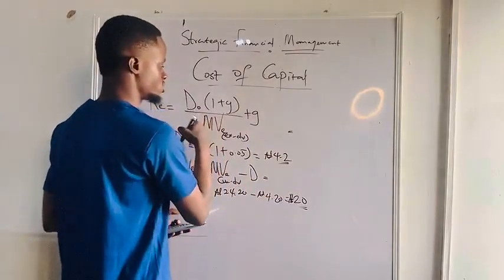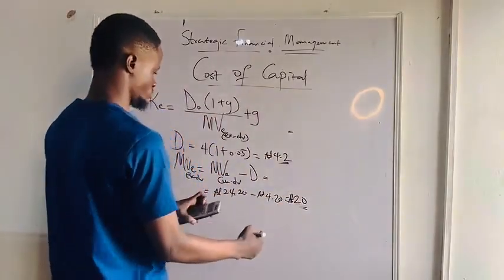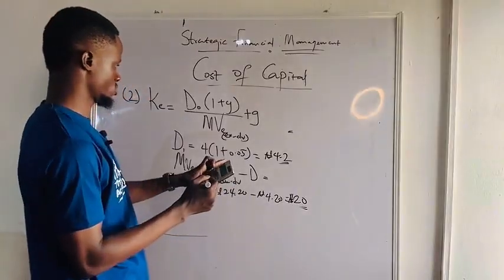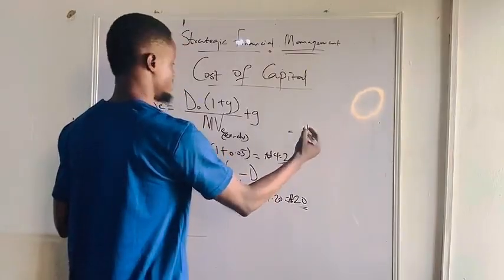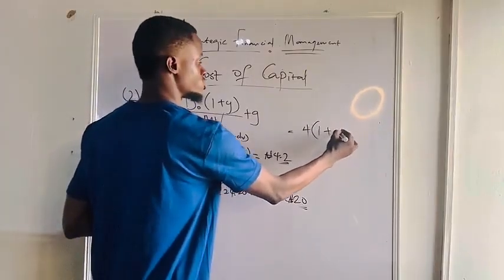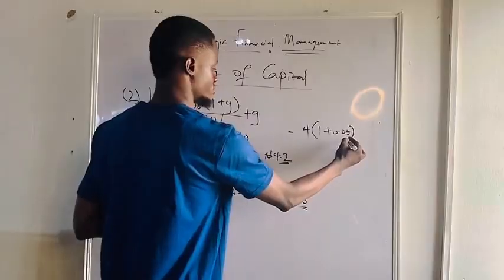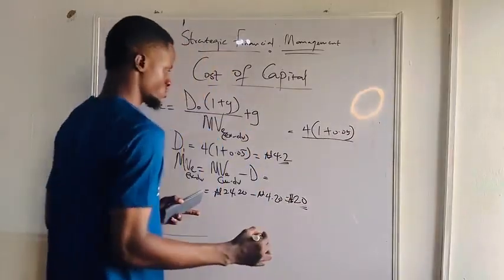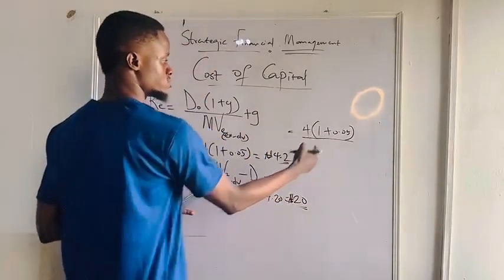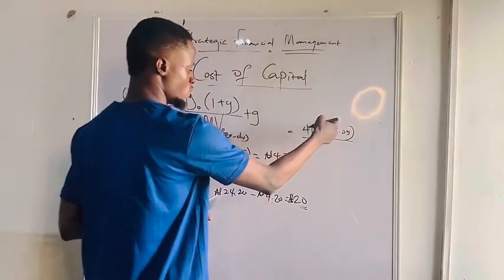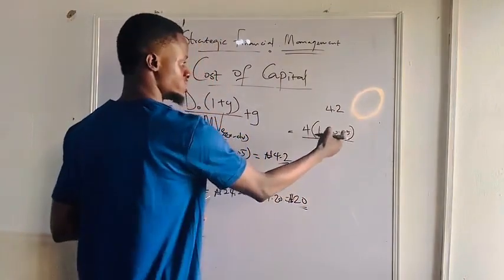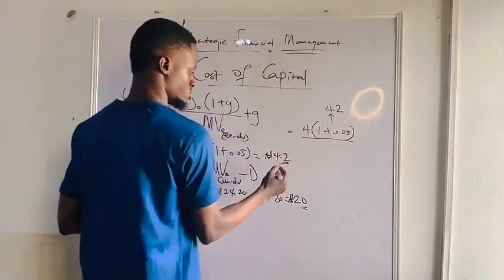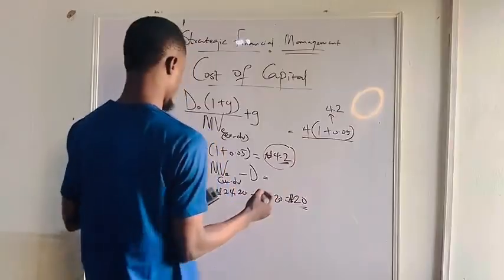That will be D0. Where is it again? D0 is 4. You see the same thing. D0 is 4 into bracket 1 plus 0.05, right? All over. Or you just carry this one, because this is the value of dividend for the year. Or you just carry this one and say 4.2, because if you do this, it will give you this value you have gotten here, over MV.